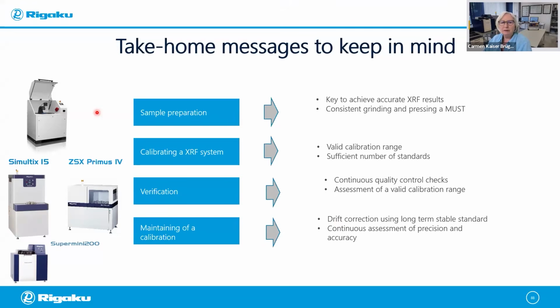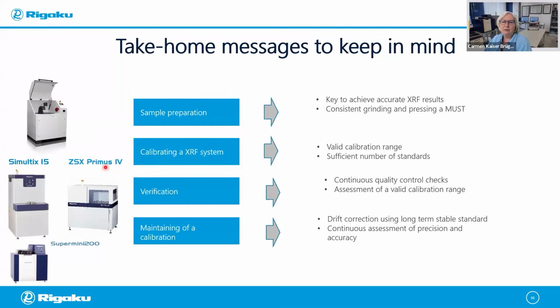Of course, the calibration is vital. You should have a sufficient number of standards and a proper analytical range. And of course, the most important is then to do a continuous assessment of your method.